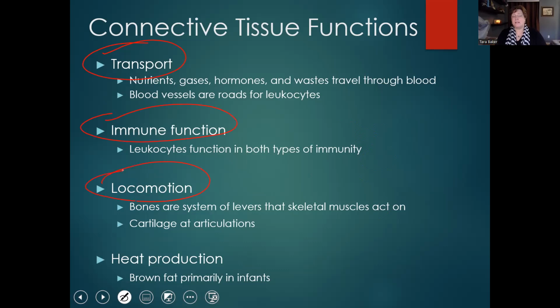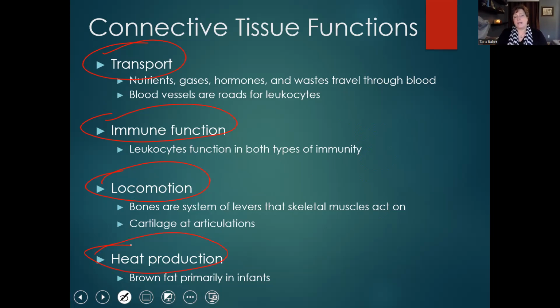Locomotion. That means your body moves because of the bones and the cartilage and the muscles, and the tendons that connect the muscle to your bones. Heat production. Adipose is fat, and adipose is a type of connective tissue.